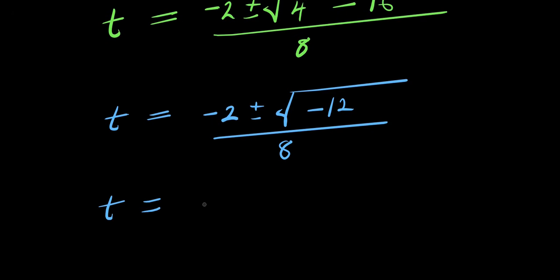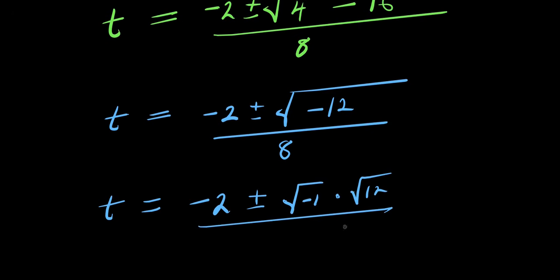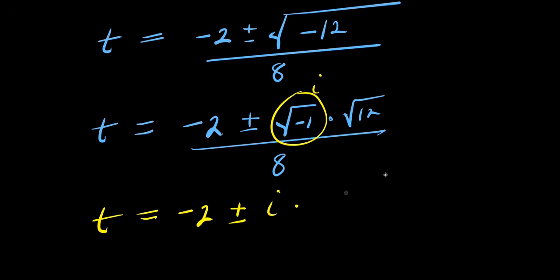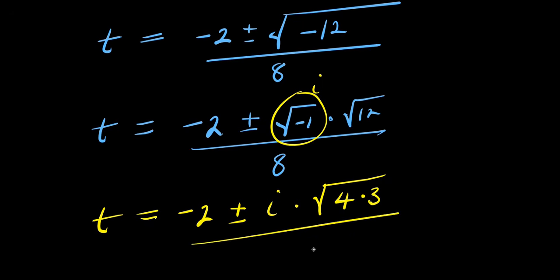From here, you have t equals negative 2 plus or minus square root of negative 1 times square root of 12, divided by 8. So we have t equals negative 2 plus or minus i, that is iota, times square root of 12. 12 is the same thing as 4 times 3, divided by 8.